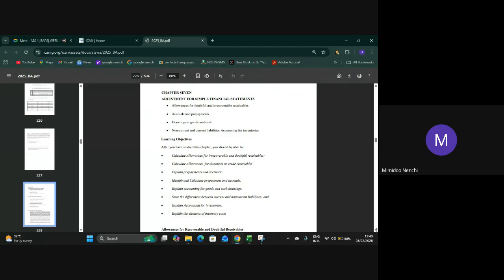Statement of financial position. Another thing: we have a statement of changes in equity, we have a statement of cash flow, then we have notes to accounts.